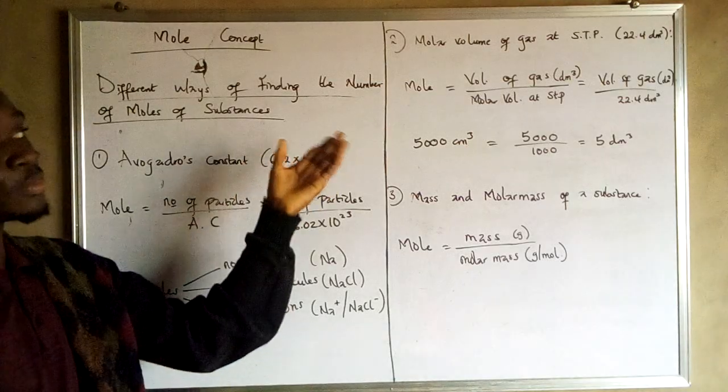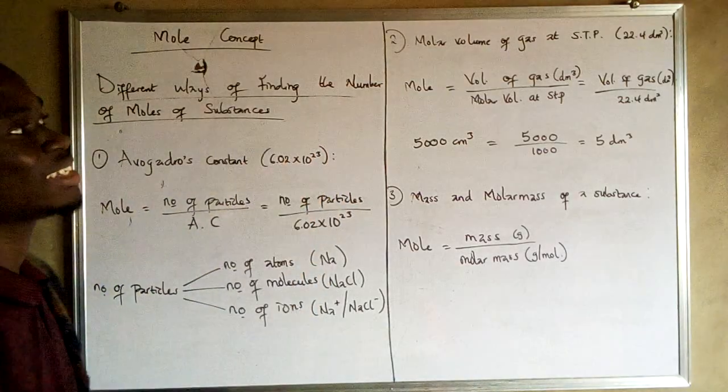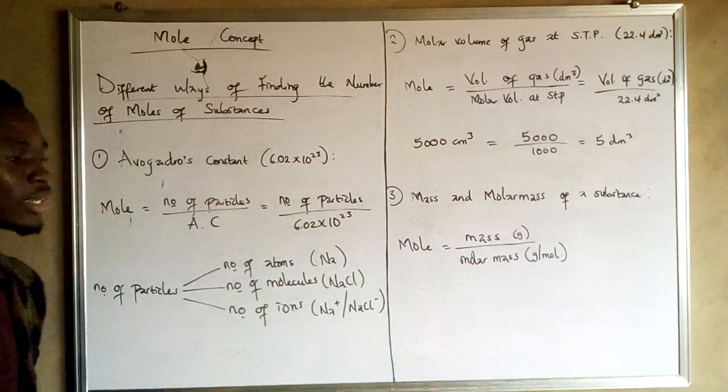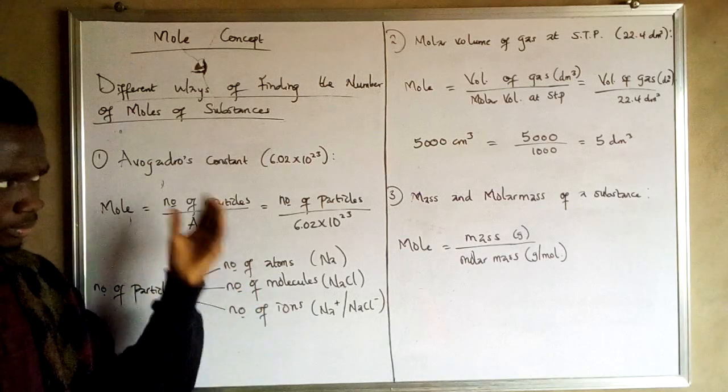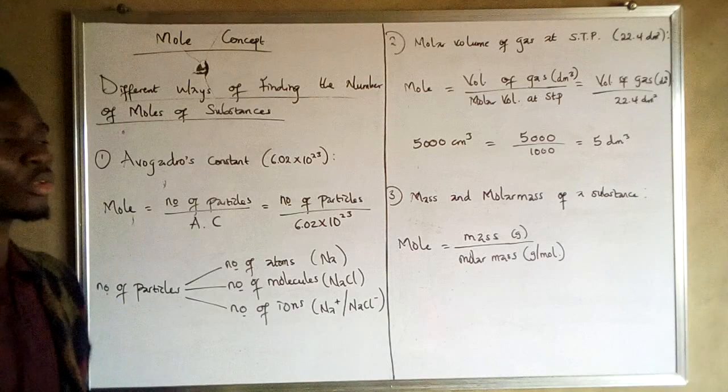Before we can use this method, please note, we must ensure that the substance is in its gaseous form. And in this case, mass and molar mass of a substance: once we're given the mass and the molar mass, we can find the number of moles.